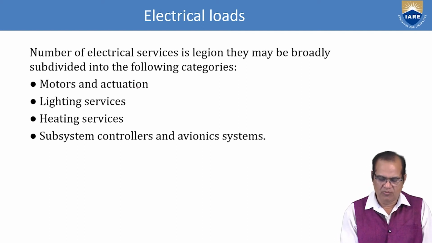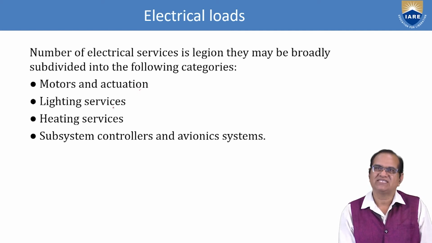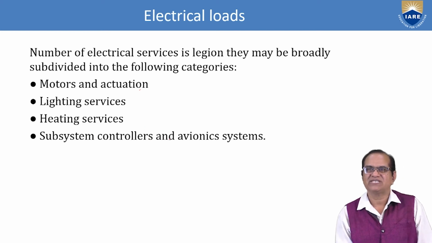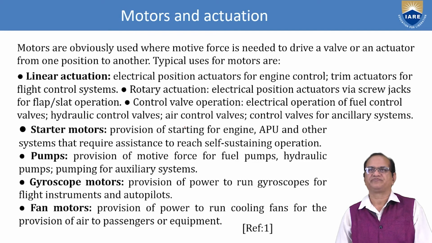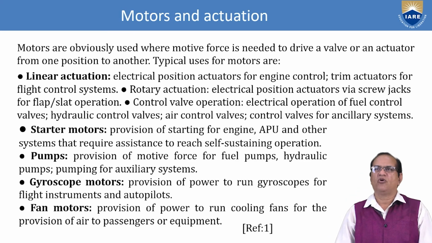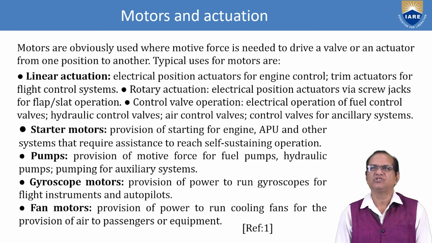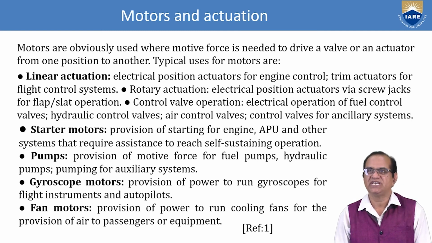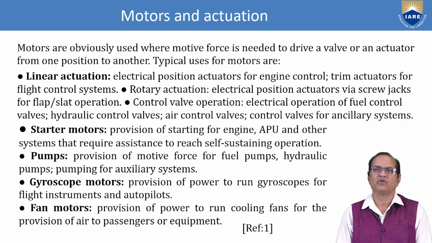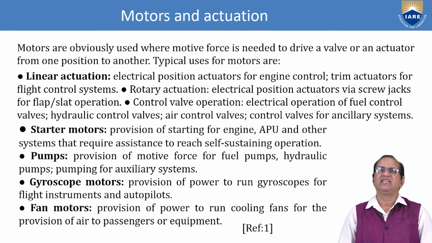So here we have motor actuation, lighting services, heating services, subsystem controllers and avionic systems. So, motors and actuation. Motors are obviously used where motive force is needed to drive a valve or an actuator from one position to another. Typical uses for motors are linear actuation.